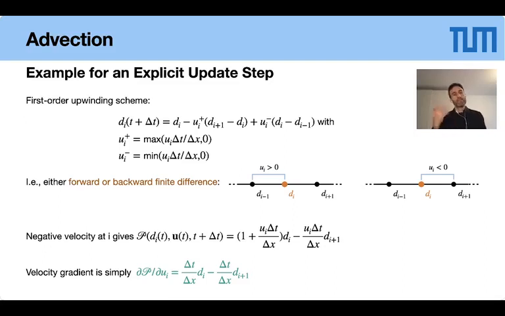But anyway, the key message here is this is not too difficult. These are quantities we have. The derivative is just a fairly simple first order derivative that we need here, and this can be computed straight away from the entries in our density field and the corresponding values being influenced by a certain velocity.